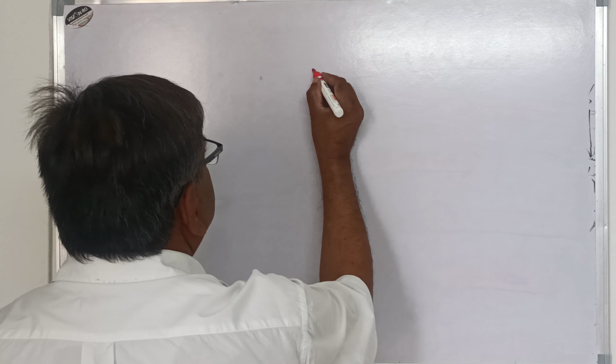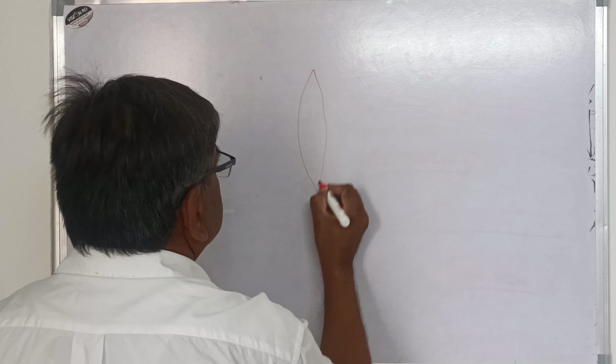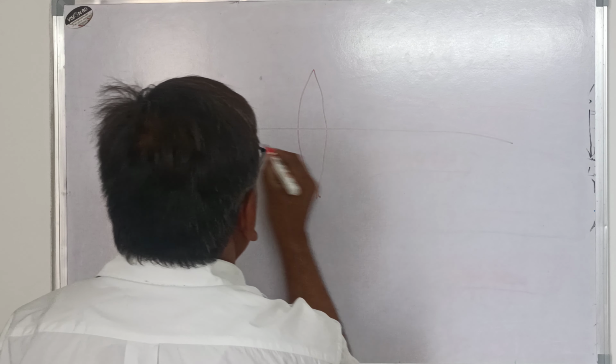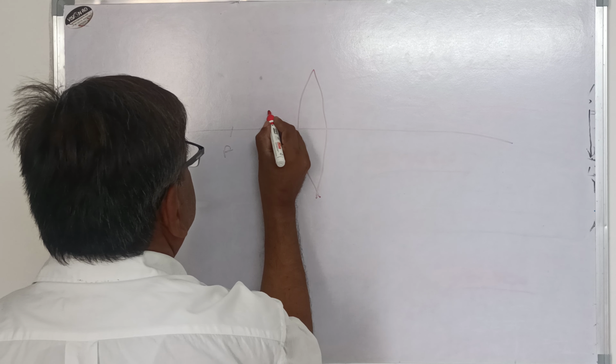So erect, magnified, this is the case, but this will be the virtual. When we use the convex lens, this is the case when the object is put within the focus here.